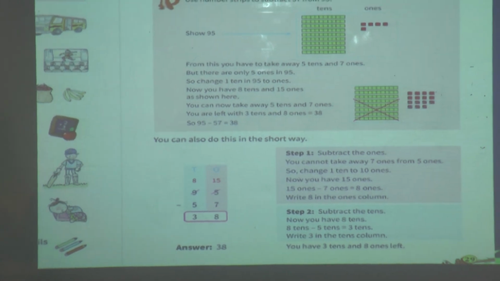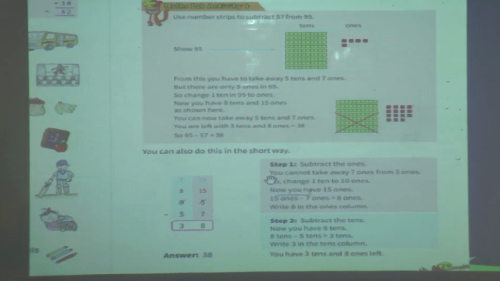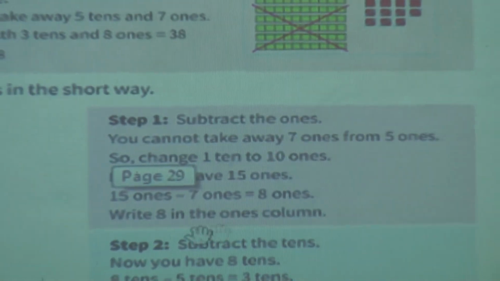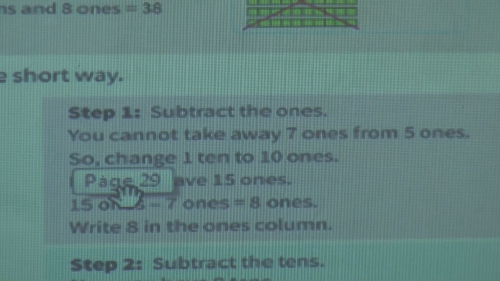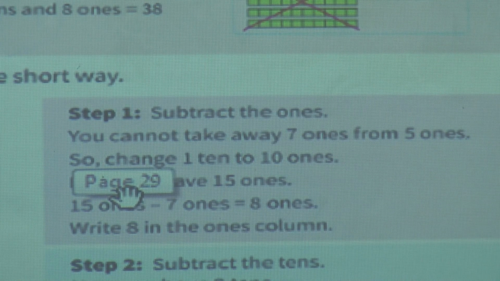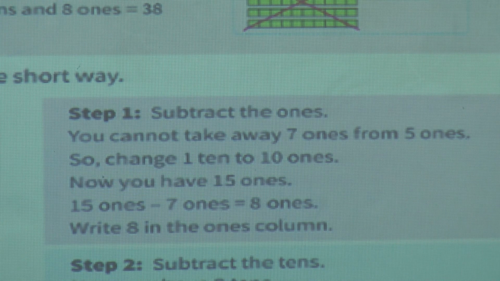See here, subtract the ones. You cannot take away 7 ones from 5 ones. As I have shown you in the example, you can't do 1 minus 2 in this way. 2 minus 1 you can do in this way. So change 1 ten to 10 ones. Now 1 ten is there, so you have to change that into 10 ones.